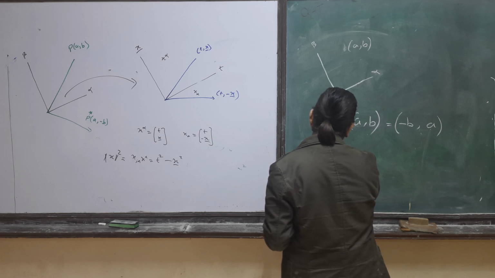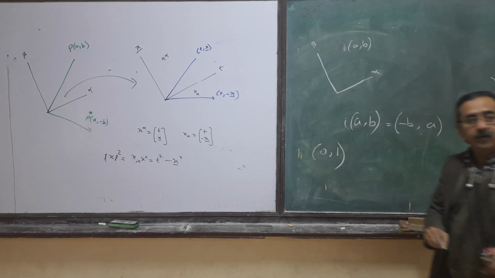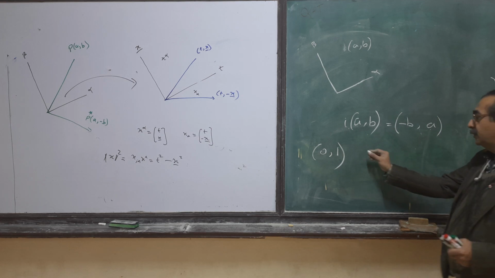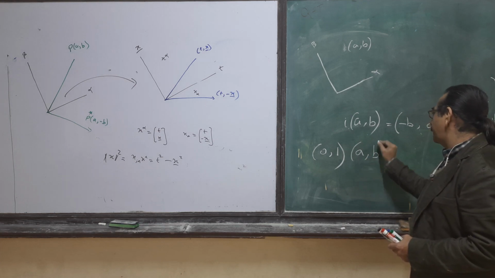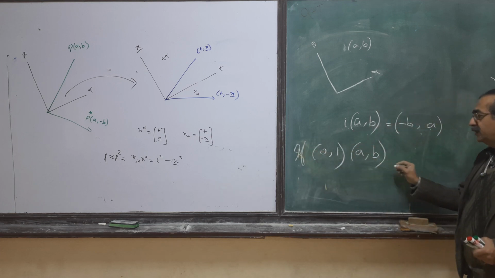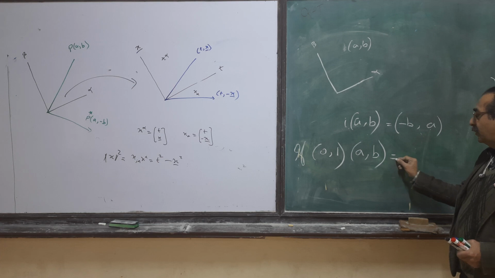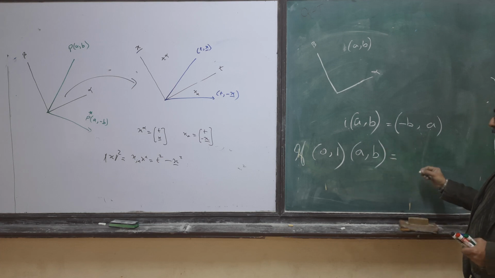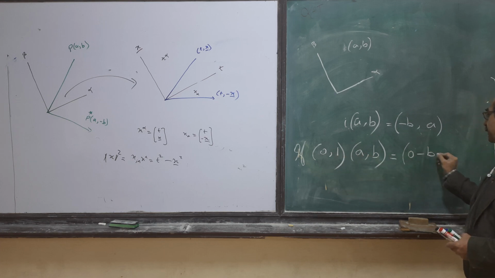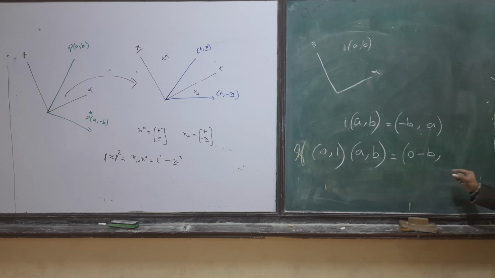You may say that you multiply 0, 1 with A and B. If we multiply 0, 1 with A, B, what will be the formula according to the multiplication formula? 0 minus B, okay, and A plus 0.